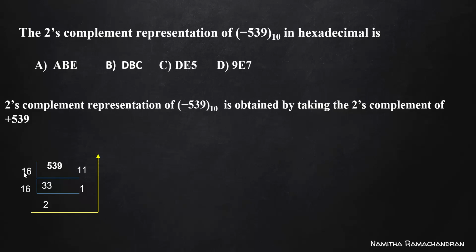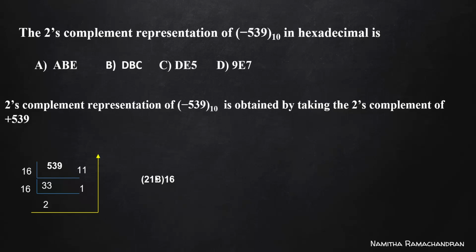Divisor is taken as 16. This is also possible. We can divide positive 539 using 16 continuously and generate a hexadecimal equivalent of this positive 539 as 21B in hexadecimal, using symbol B. Okay, 21B to the base 16 is the hexadecimal representation of positive 539.